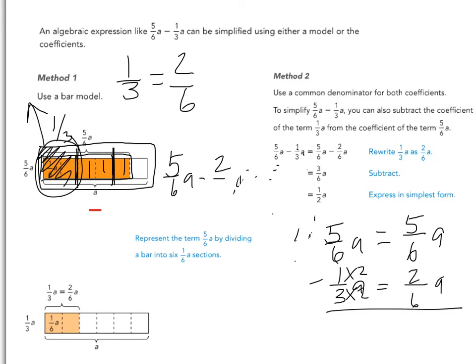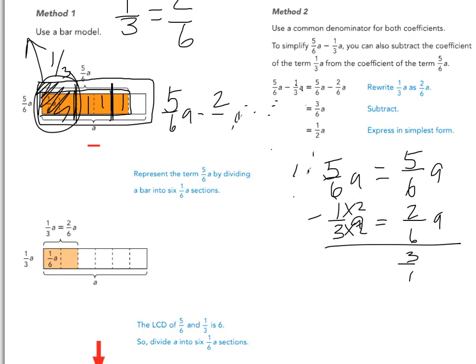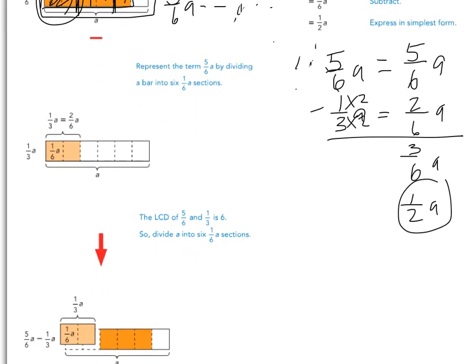And now we subtract, 5 minus 2 is 3. Scoot this up a little bit. 3/6a, which again reduces to 1/2 a. Remember, Common Core makes us show our answers in more than one way, which is why I'm showing you the bar models as well as the algorithm to use.